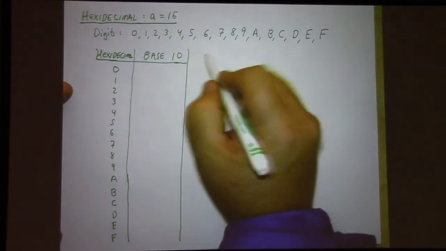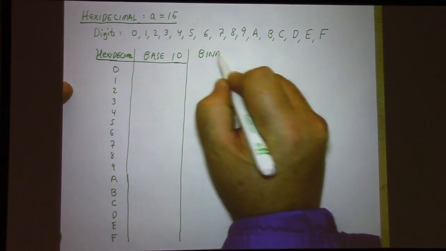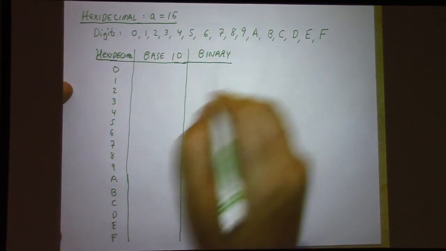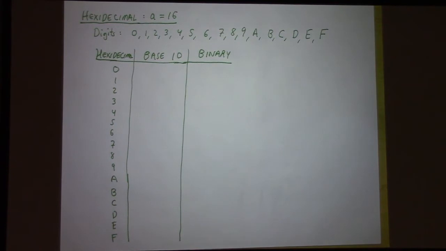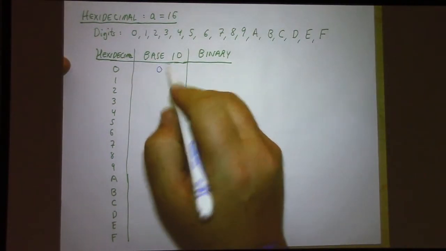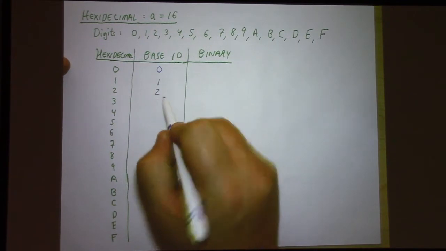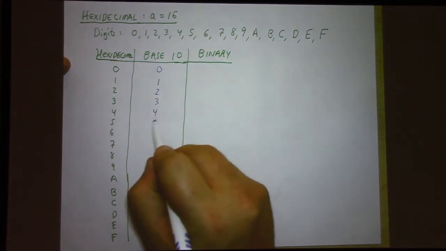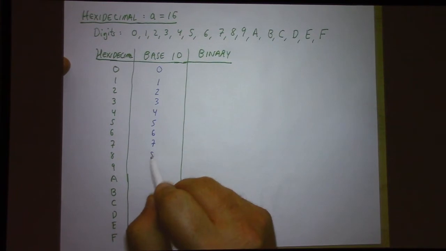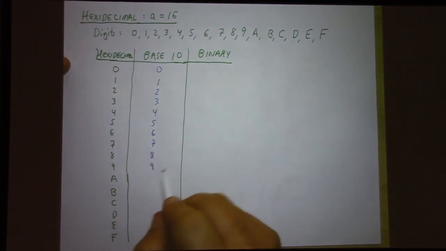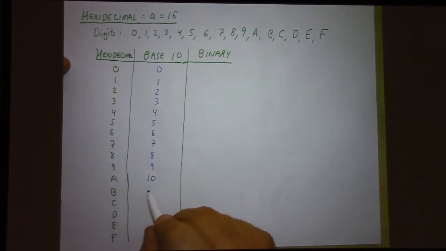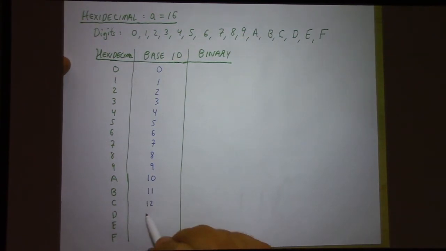I'm going to add a third thing here, binary. So hexadecimal 0 is base 10 0, and this is 1, 2, 3, 4, 5, 6, 7, 8, 9. But here in base 10, of course, that's 10. This is 11. This is 12. This is 13. This is 14. This is 15.